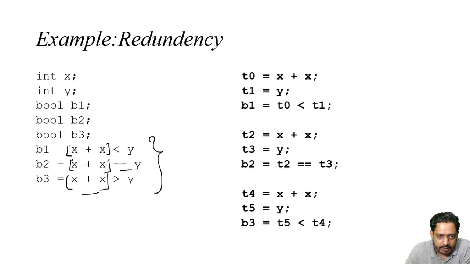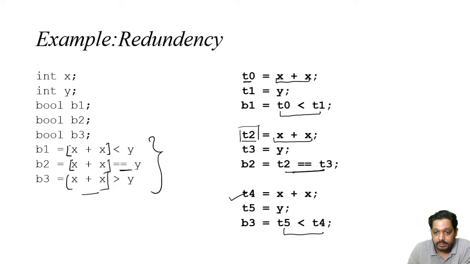You can see here that when you generate it manually, x plus x has been used many times. But when IR is generated, there will be one temporary register T0 adding the value, then T1 with y, and then it will compare the less than. Then another temporary variable will be taken for x plus x, and then again it will check this condition, and again T4, another temporary variable, will test for the less than or equal to.